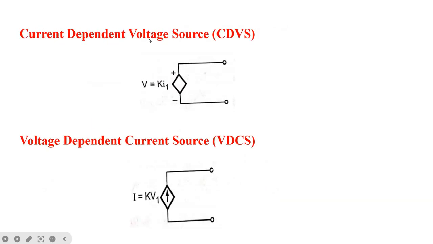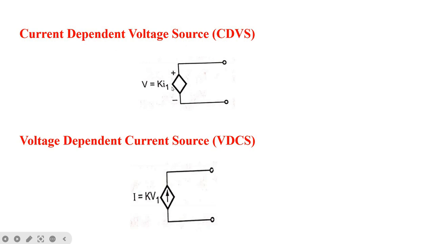First is the current dependent voltage source. Here we have a voltage source whose value depends upon a current in the circuit.